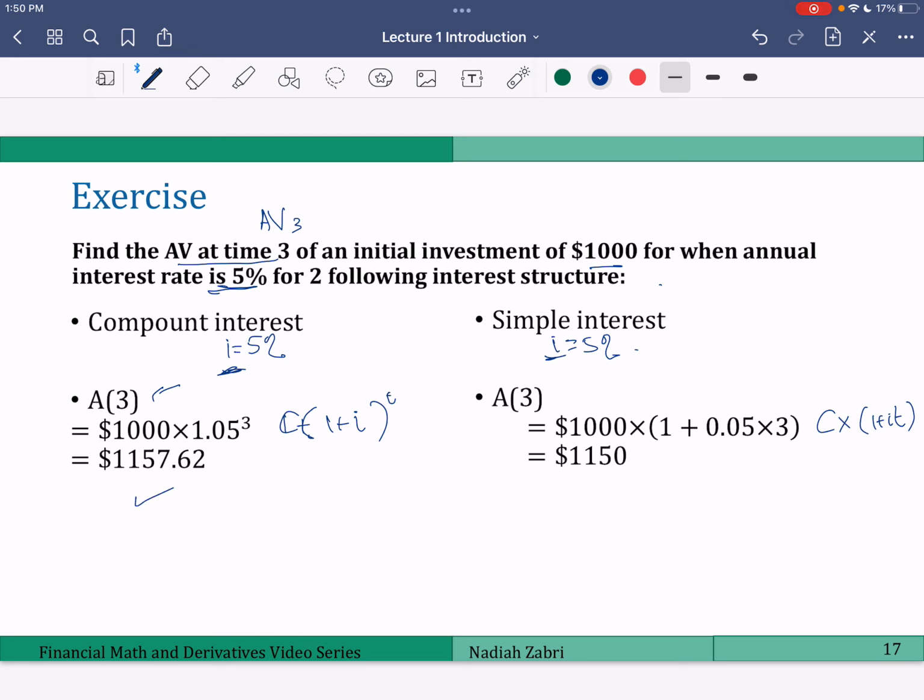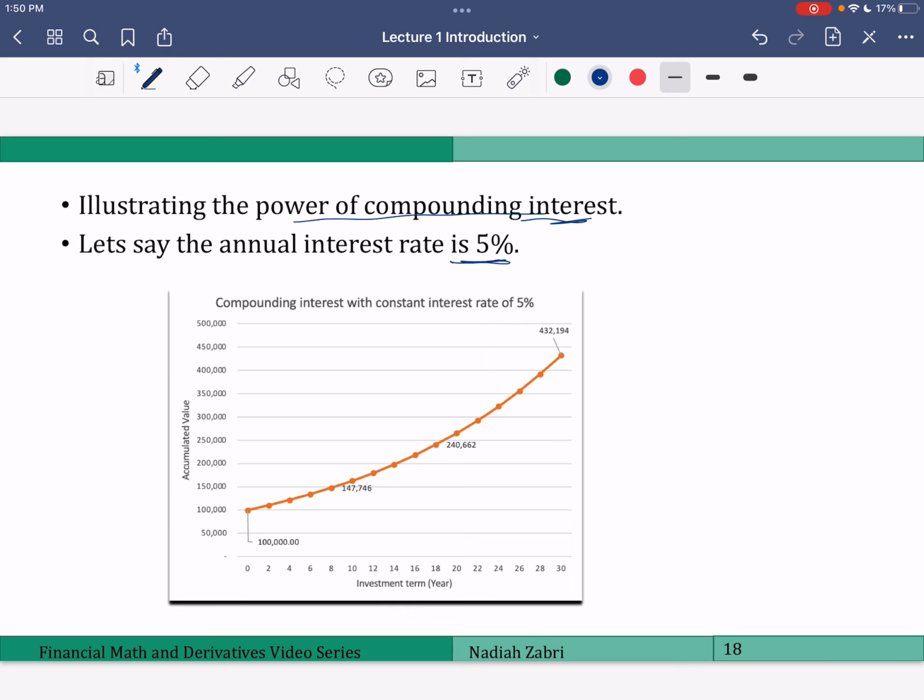I want to illustrate to you the power of compounding interest. Let's say the annual interest is 5%. It doesn't sound very high, right? 5% per year doesn't sound very high. Look at how it compounds. If your starting investment is 100,000, over 10 years you increase by about 50,000, about 50%. But in the next 10 years, you increase by almost 100k.